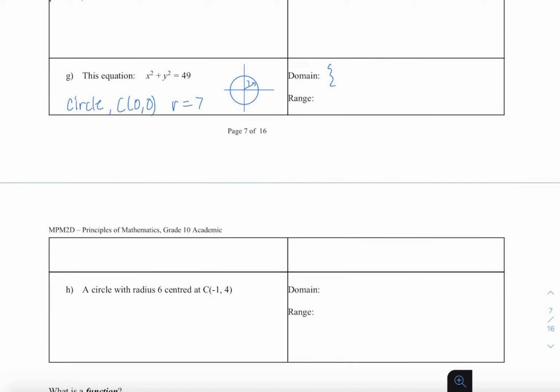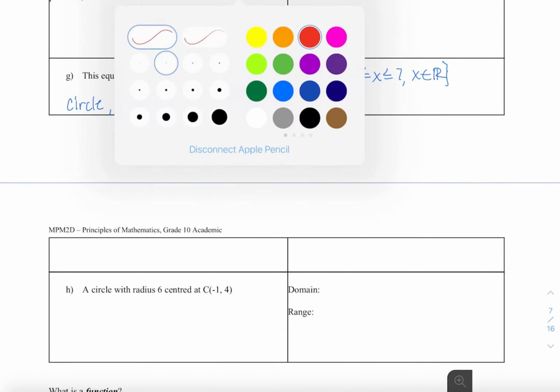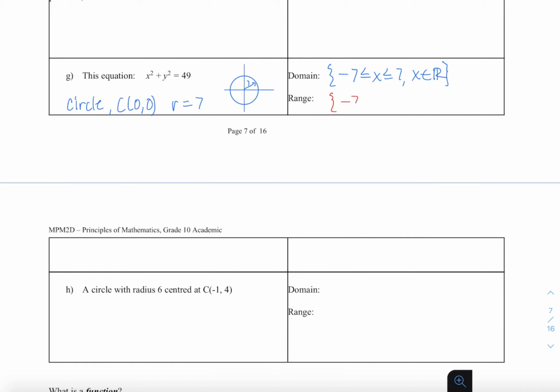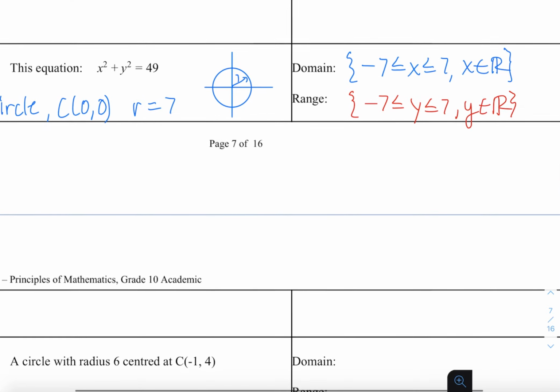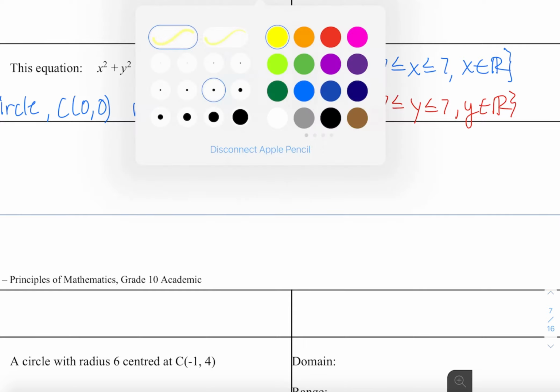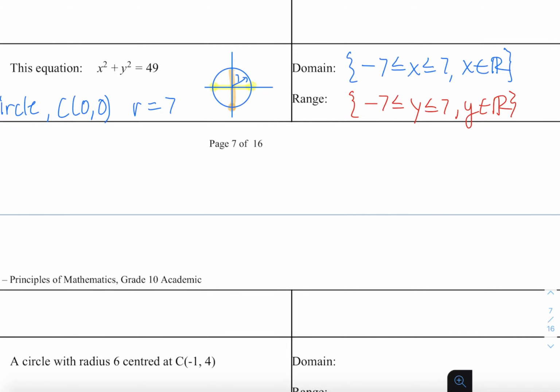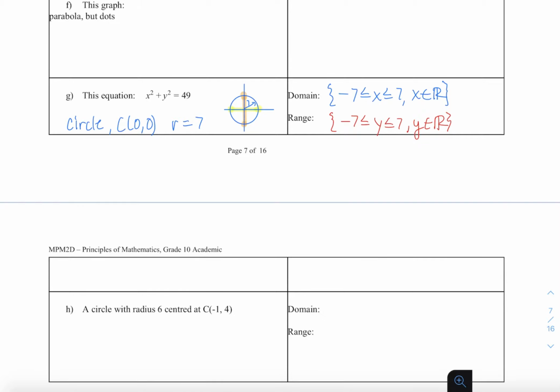I know the domain is going to be -7 ≤ x ≤ 7, x ∈ ℝ. And my range is going to be exactly the same thing. That's because if I look at all the x values of this circle, they're from -7 to 7, and if I look at all the y values, it's also from -7 to 7.